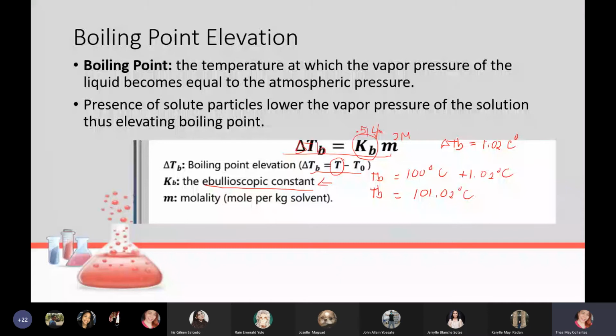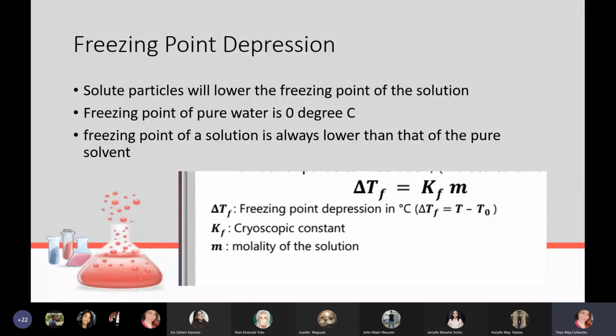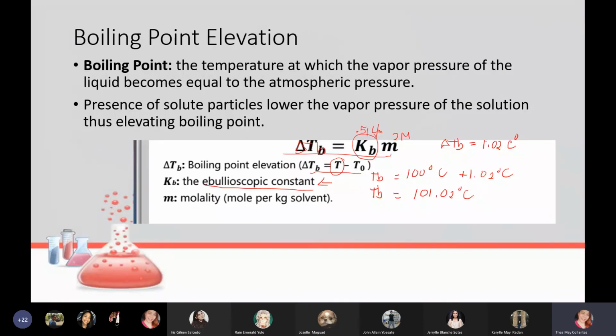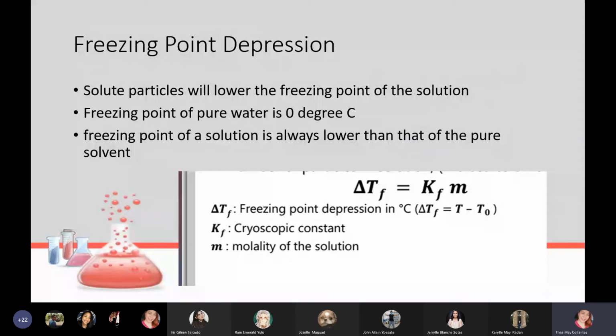Okay. We'll have also your freezing point depression. So same to that of your boiling point elevation. With your freezing point depression, guys, ang matabo, of course, the standard would be your 0 degrees Celsius or any compound that is being specified on the problem. But usually, what we are referring to would always be water having the 0 degree Celsius.